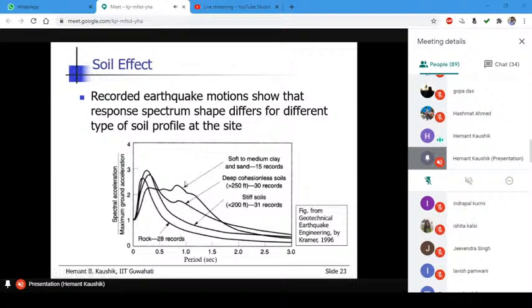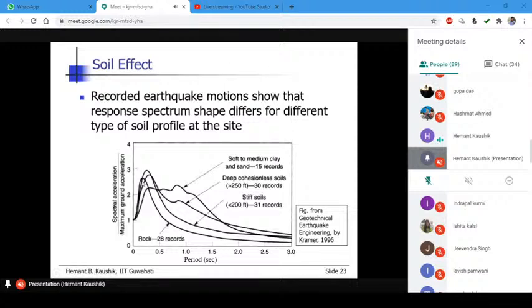You can see for the soft soil, the response is maximum. The response is more for these structures. And as we go on increasing the stiffness of the soil, so this is for the rock, the response is less. But it is actually less after a particular time period. Before that, for very short period structures, the response will be more in case of rock.